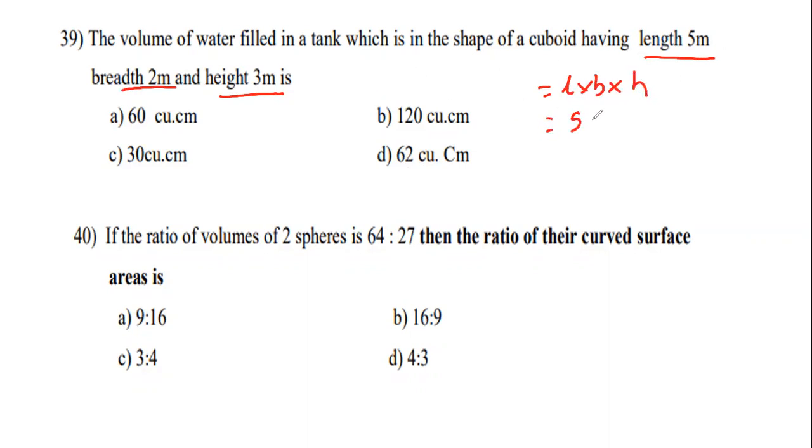Substitute 5 into 2 into 3. 5 twos are 10, 10 threes are 30 cubic meter. So which option is right? Option C is correct.